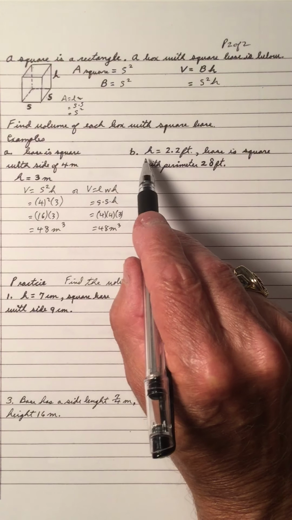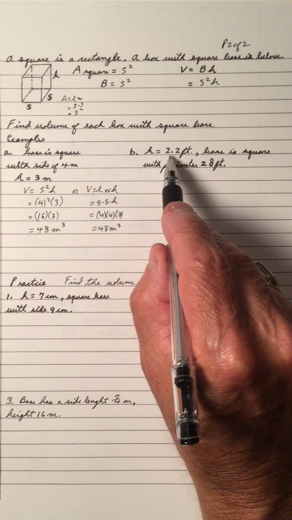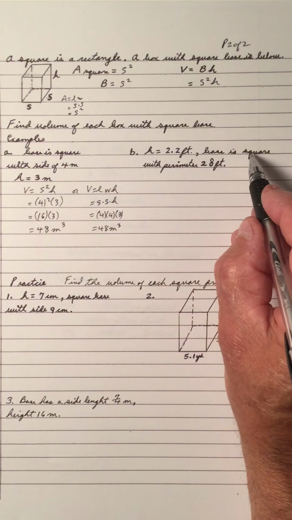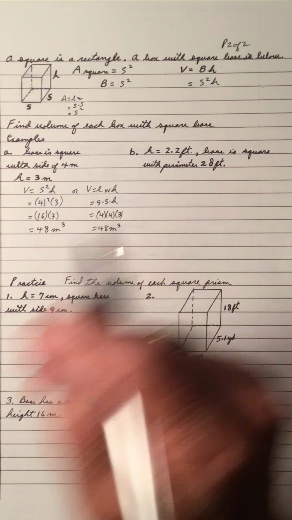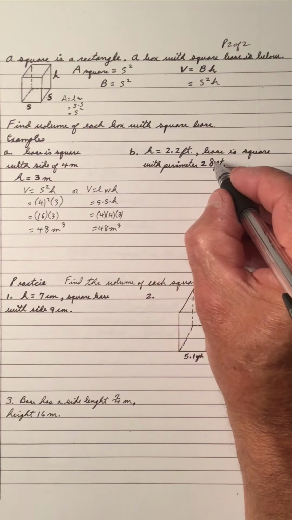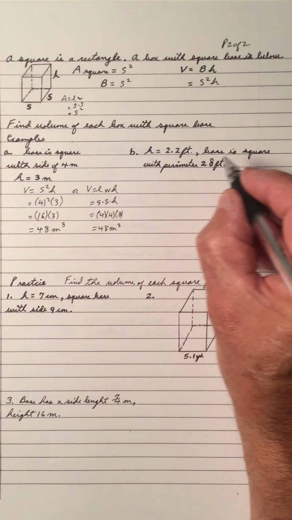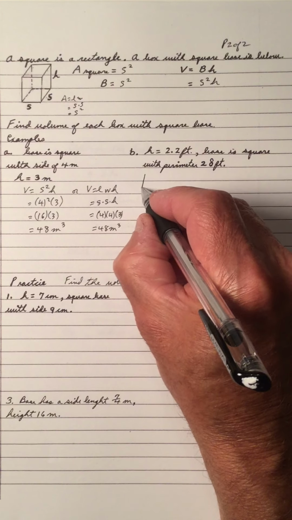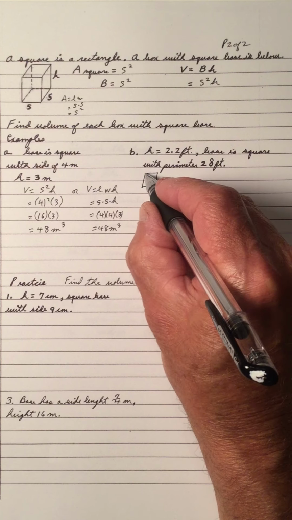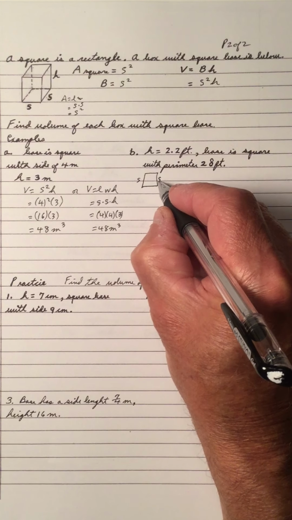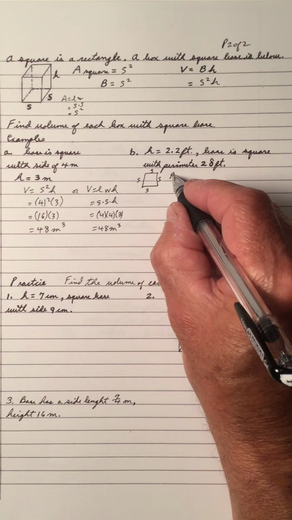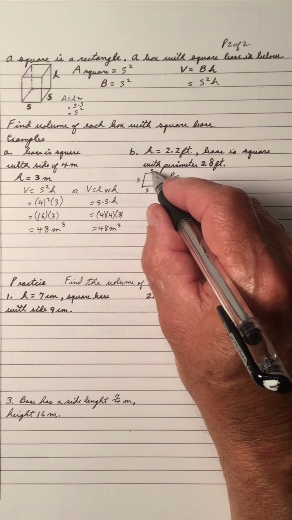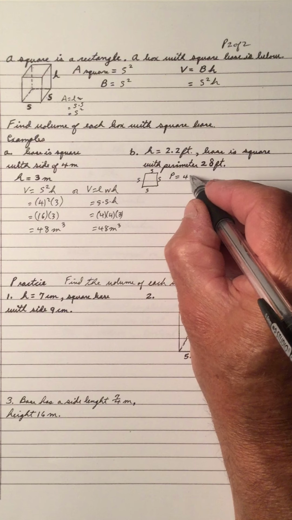B, we have a height of 2.1 feet. The base is a square with a perimeter of 28. If the square has a perimeter of 28, then a square has an S, an S, an S, and an S. So the formula for the perimeter of a square is adding them all up, 4 S's.